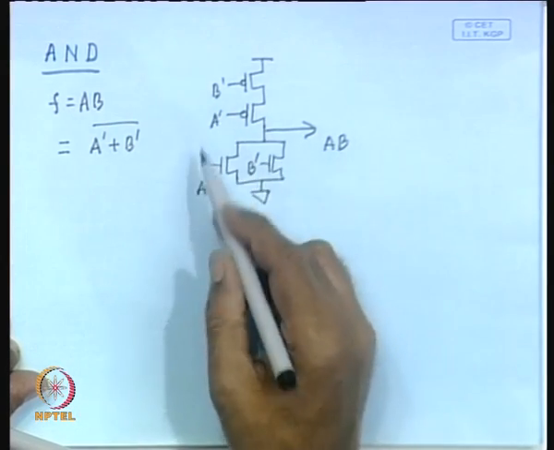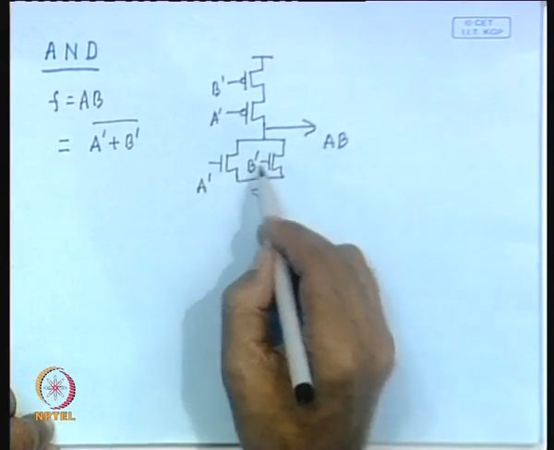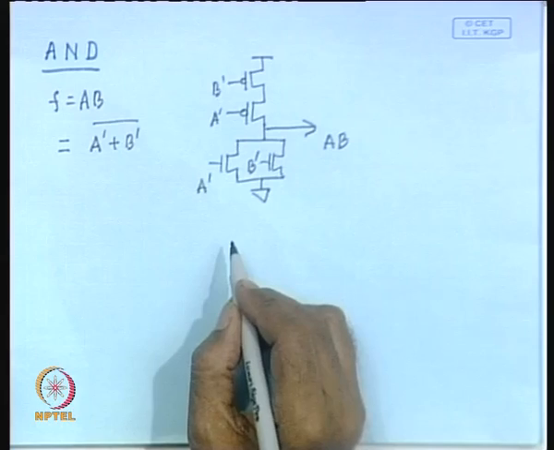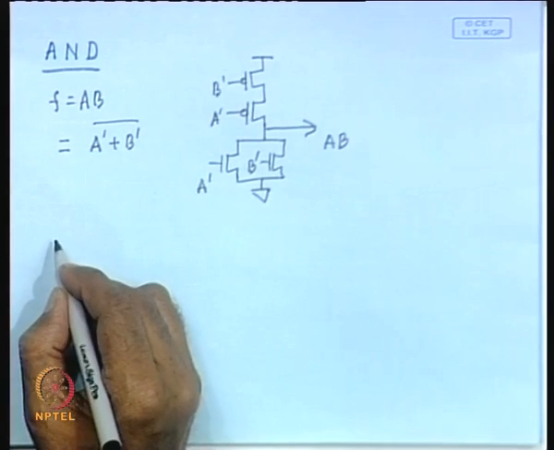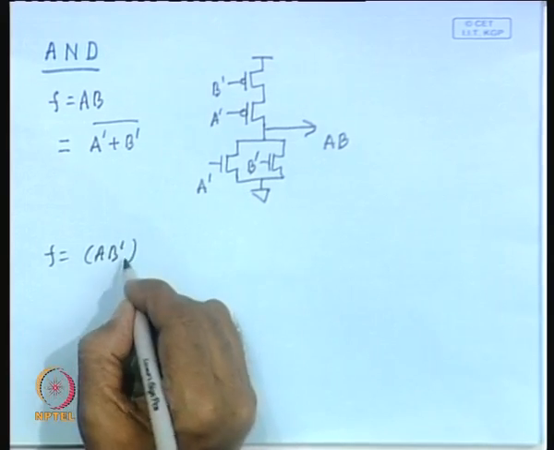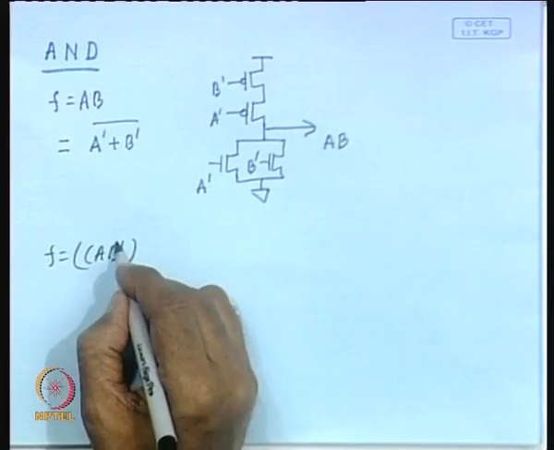So, here we have assumed that the complemented variables are available as inputs, but if the complemented variables are not available as inputs, how can you realize it? Another alternative realization is, you can realize f is equal to a b bar, bar.